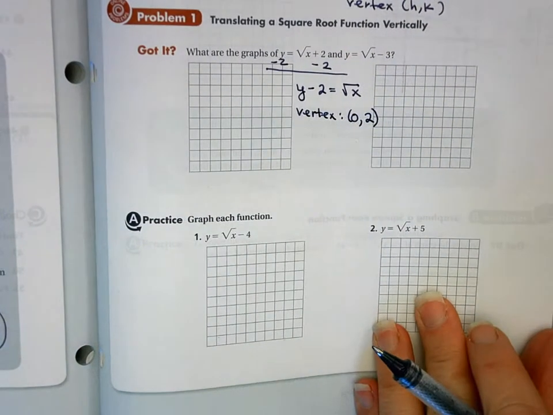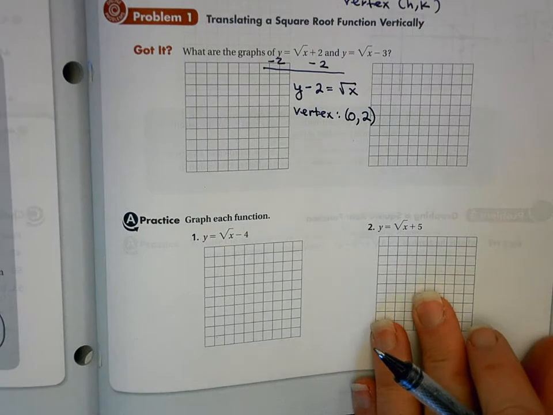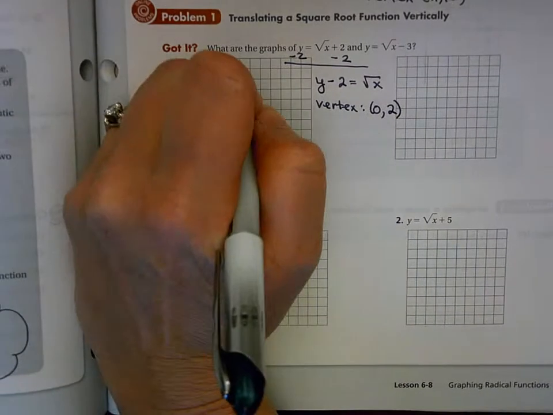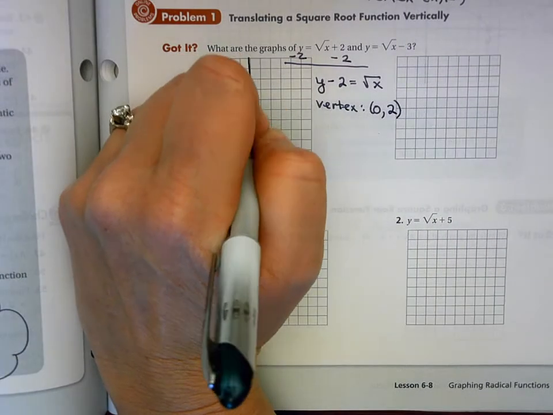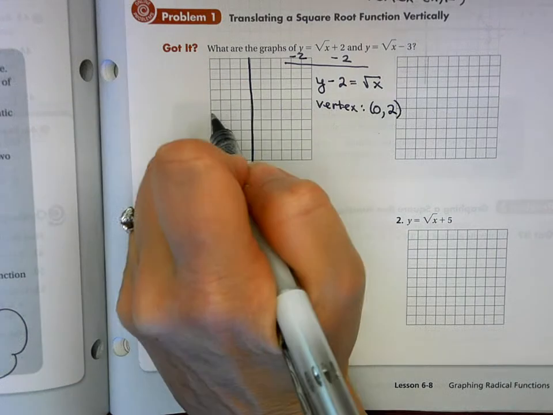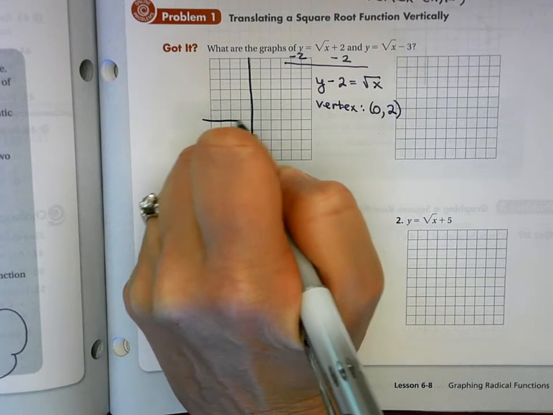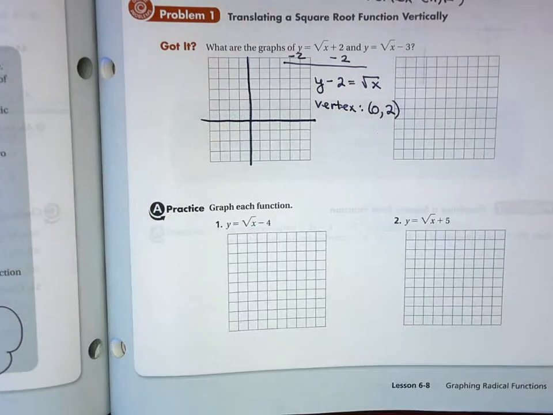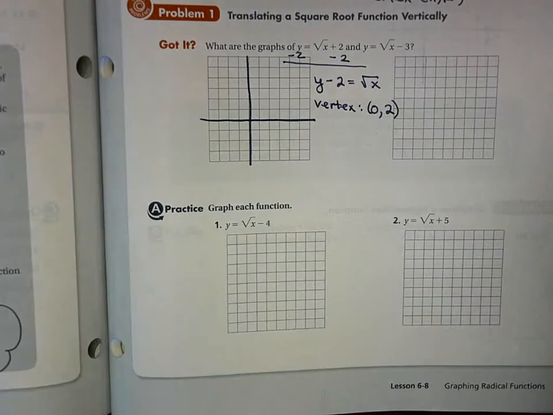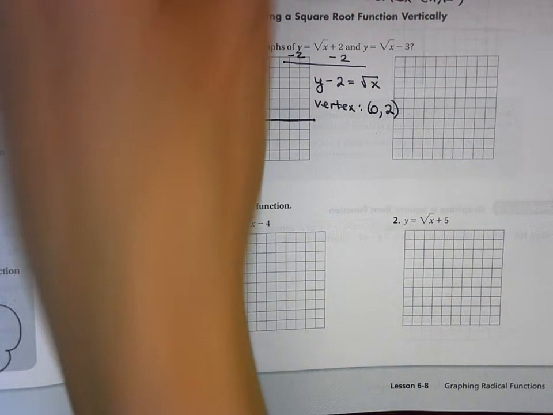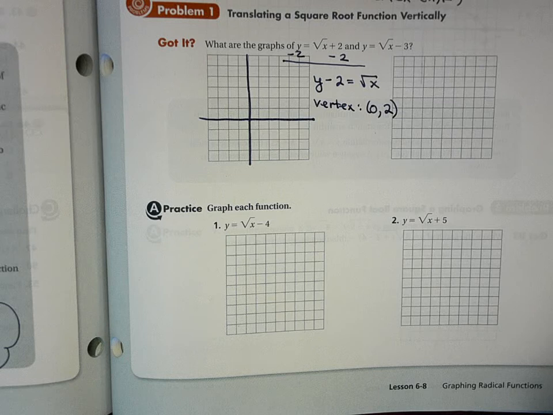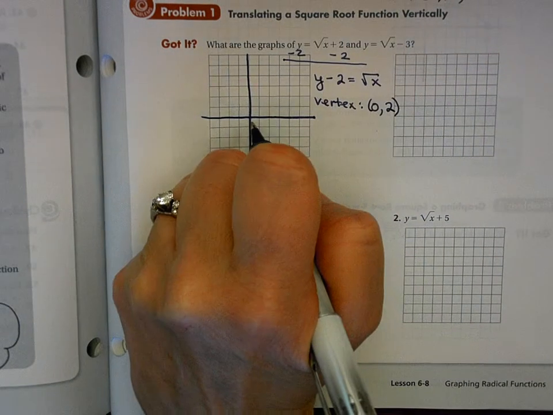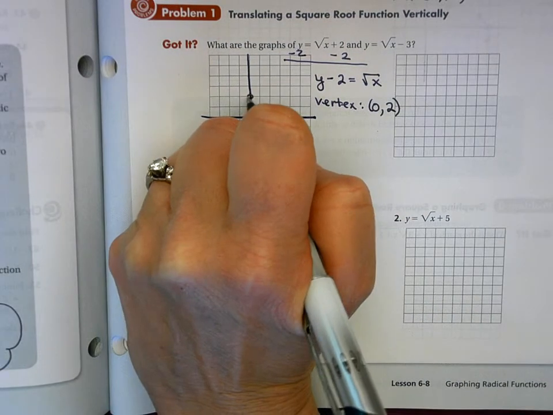So there's my vertex, (0, 2). Then I'm just going to draw an xy axis, and plot my vertex, over 0, up 2.